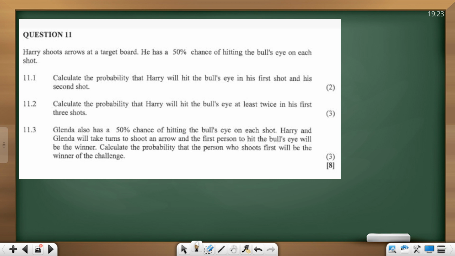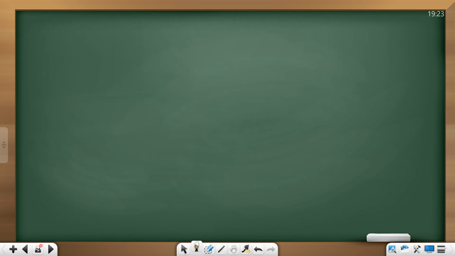Make sense? Calculate the probability that Harry will hit the bull's eye in his first shot. First shot. We have options already. Okay, sweet.